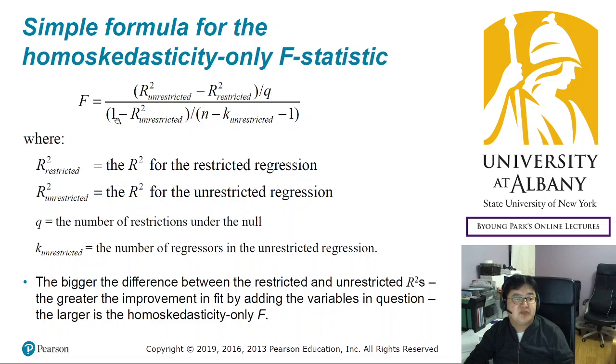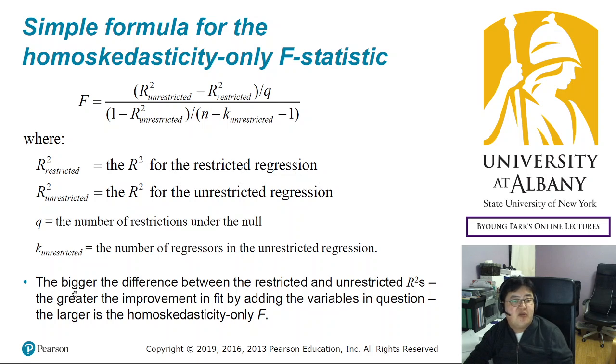Then the denominator has a somewhat weird formula, but you may understand it as a standardization portion, just to make the distribution stable. We are not going to be considering it in detail.